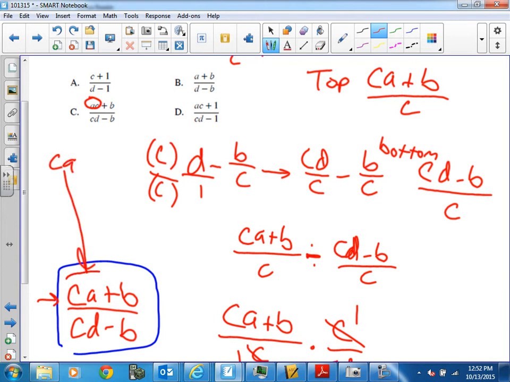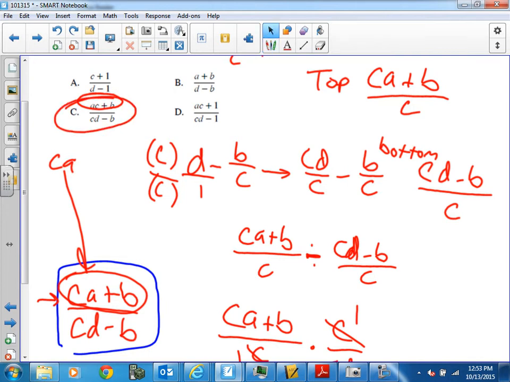So this top is the same as this. All right, and our bottom is the same, so our answer is C. Okay, there we go on that one.